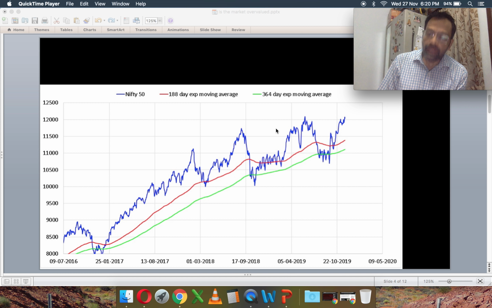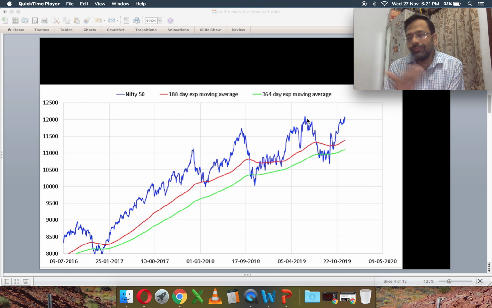And the 365-day, or 1-year, moving average is shown in green. Notice that the red line is significantly above the green line since 2017 onwards. So that is a bullish kind of market we have been in. But the price itself is currently well above the red line. You can say that's overpriced if I just look at that.